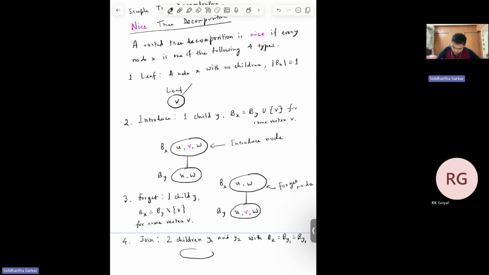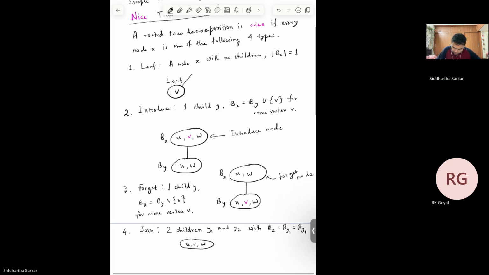Let us say the node is UVW. Again, its children are also UVW. So this is going to be called a join node.